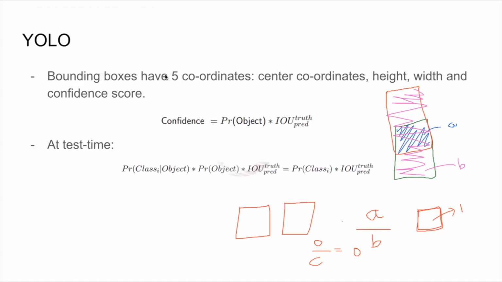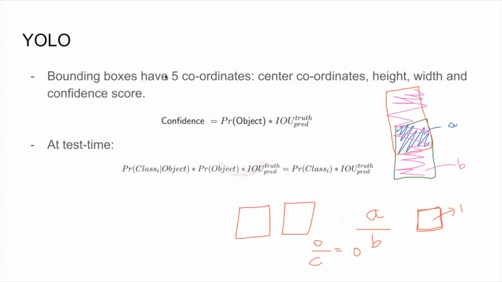At test time, we get to see which object is present in which region. For that we use the probability of the class given the object, times the probability of the object being present, times the IOU. That is equivalent to the probability of the class times the IOU, which tells you whether you have the right class.